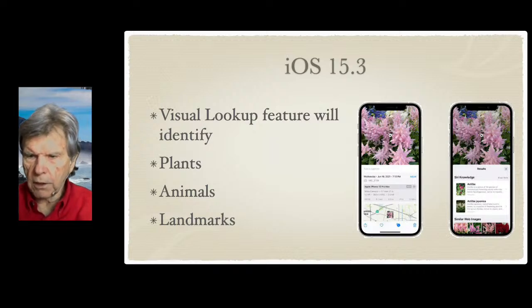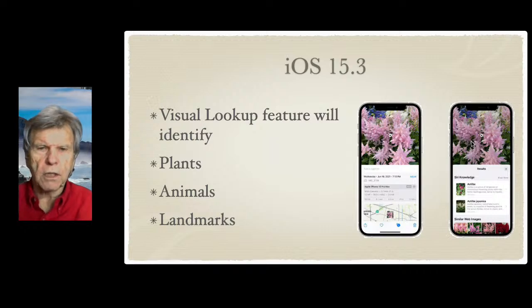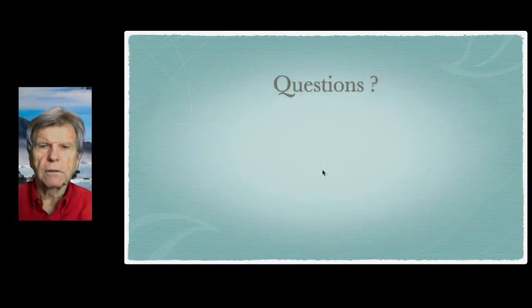And then you can see it has some similar images that it found on the web by comparing this. So this is the high power of the chips in the iPhone with machine learning and artificial intelligence making all of this magical stuff happen.